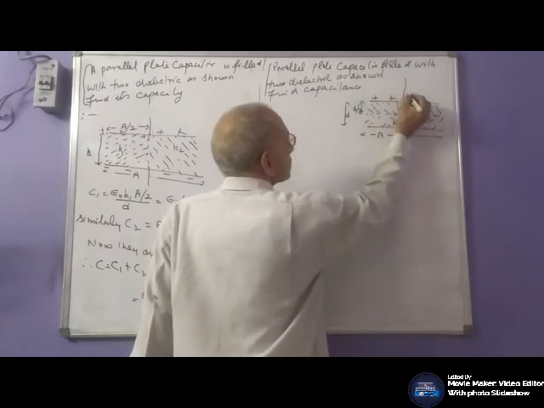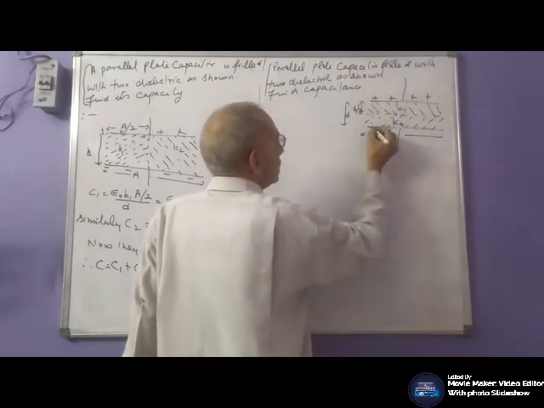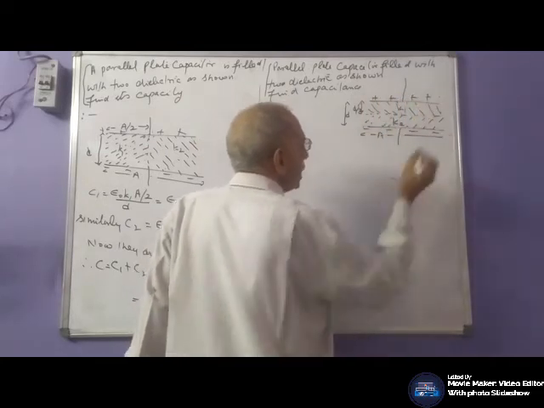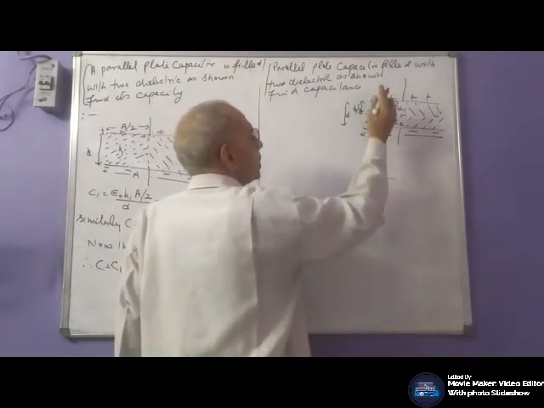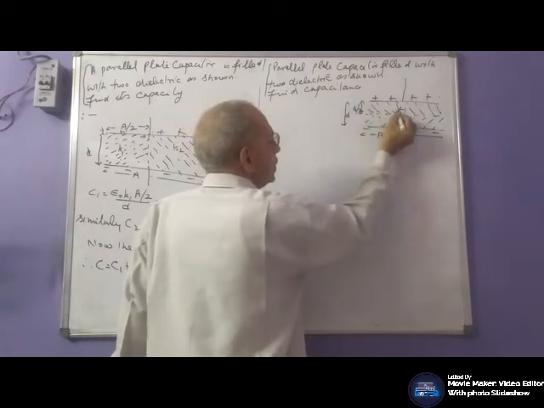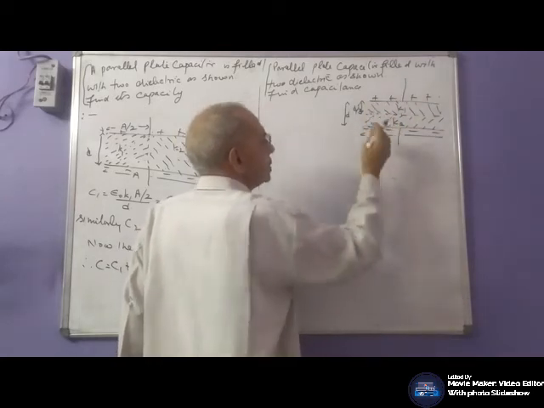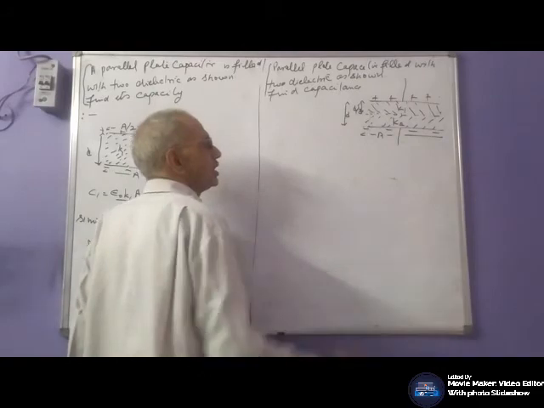See, this is plus and this is minus. So plus, so for this here it will be minus, here it will be plus. Minus with plus, they are in series.